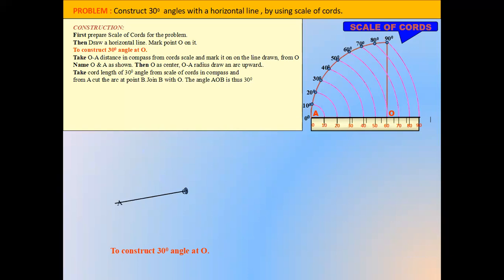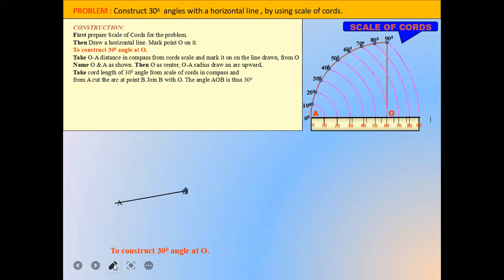So we will take OA. OA is the radius. Take it in the compass from the chord scale and mark it on the line drawn from O. Now please focus.